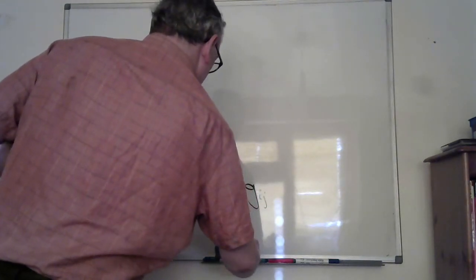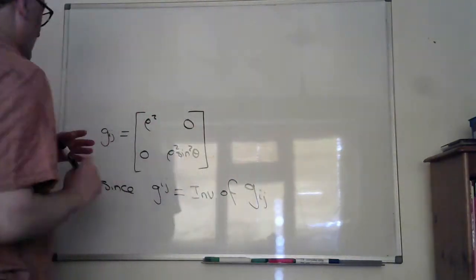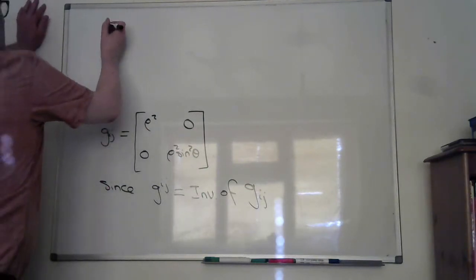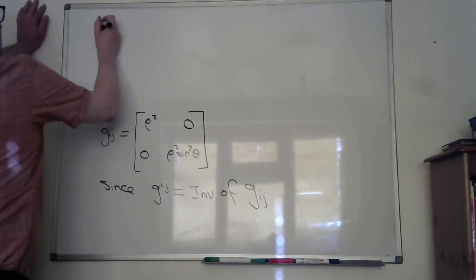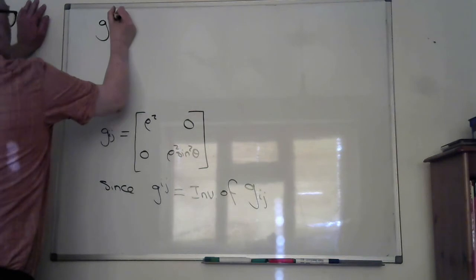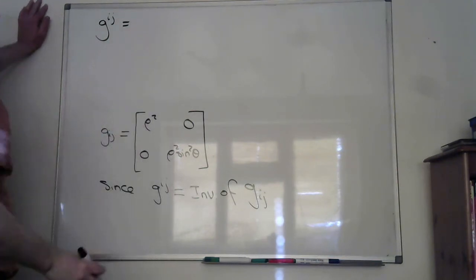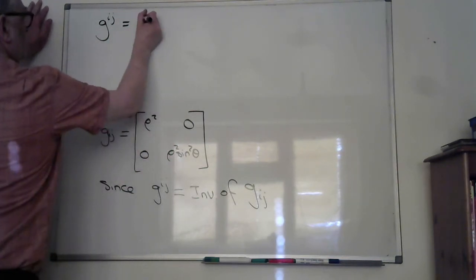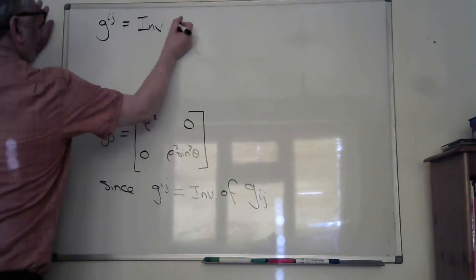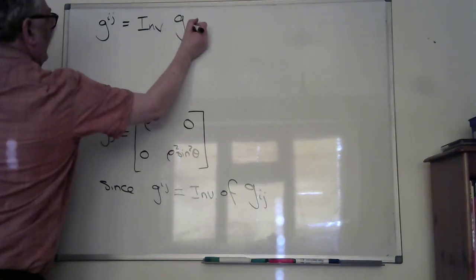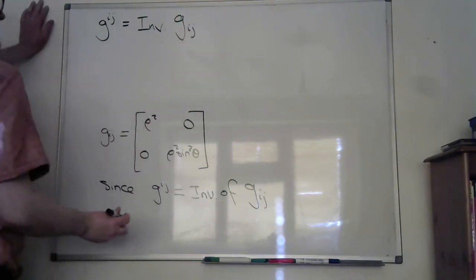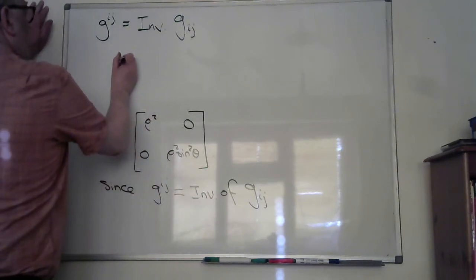Right, G superscript IJ is equal to the inverse of this, G sub IJ. So how do we find the inverse?